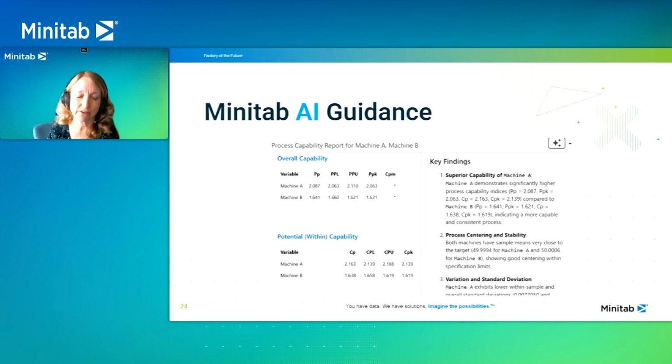If you're using the version of Minitab on the Minitab Solution Center, it actually reminds us, okay, this machine is actually looking better. They do both have means close to the target, but you have more variation with one of these machines. And so using Minitab AI, we also get the key findings of our results.